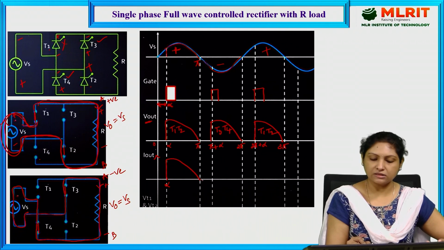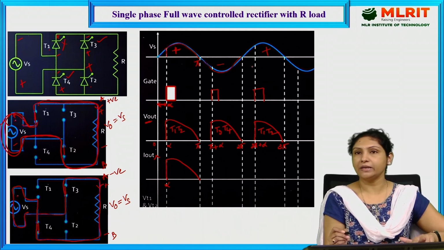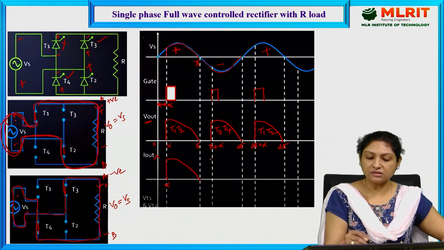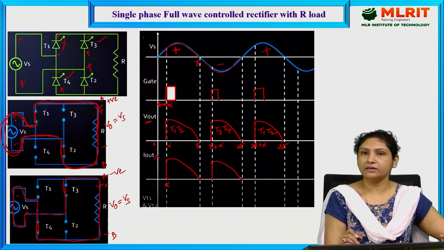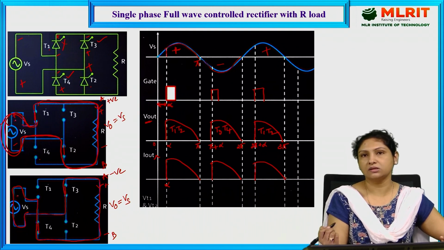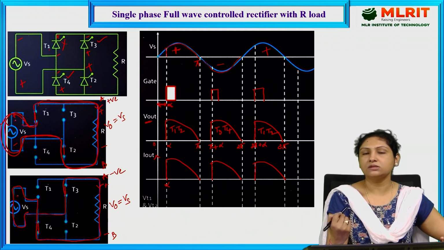And at pi, since the negative half cycle has appeared, T1 and T2 get turned off. And again at pi plus alpha, since we are providing the triggering pulse, T3 and T4 come into the picture and conduct current through the load. Again during the positive half cycle, T1 and T2 conduct current through the load. So this is about gate triggering pulses, output voltage as well as output current.